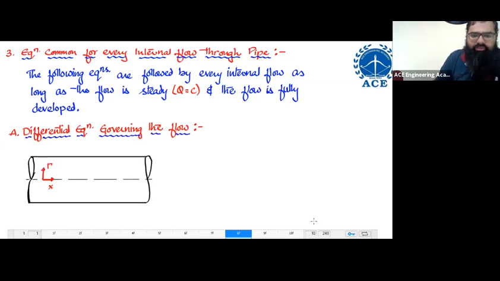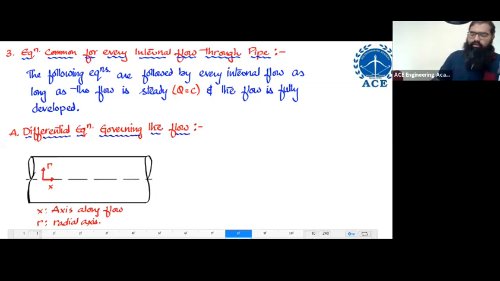So x is the axis along flow, and r is the radial axis. These two axes are important.